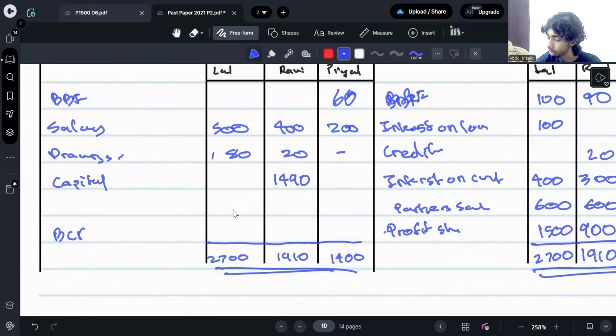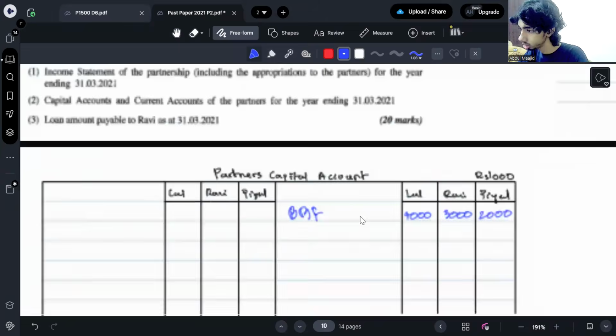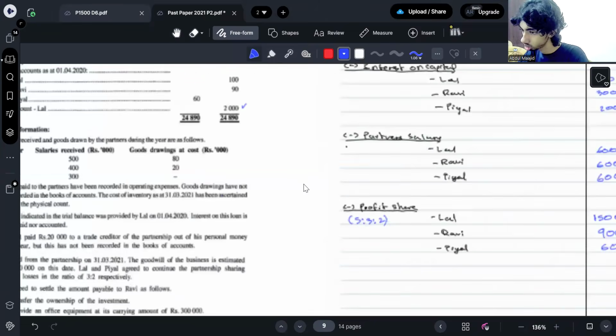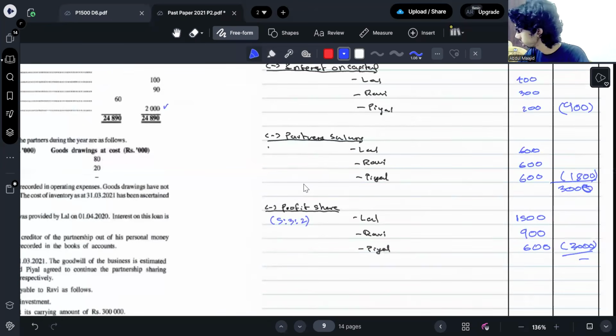For the other two partners, you can take 2700 minus 580, 2120, then 1400 minus 260, 1140, 1400 minus salary paid to PL is 300.